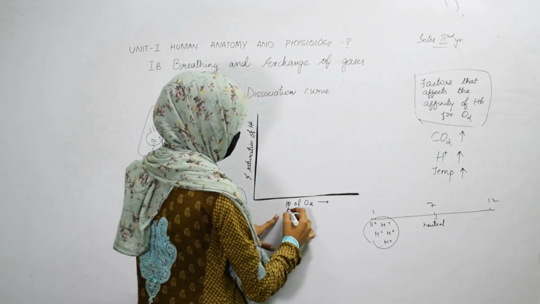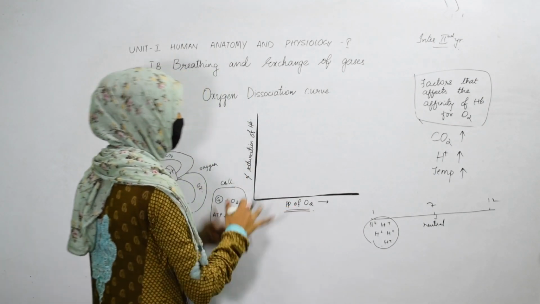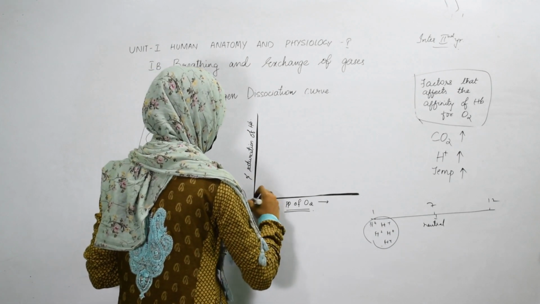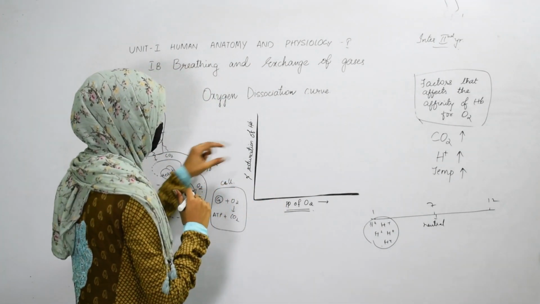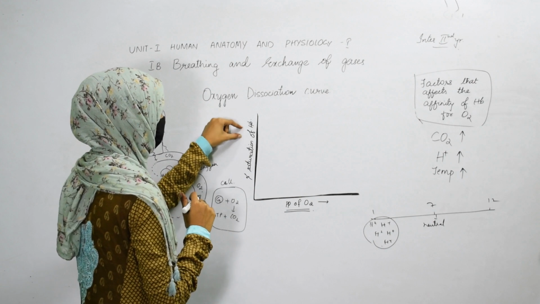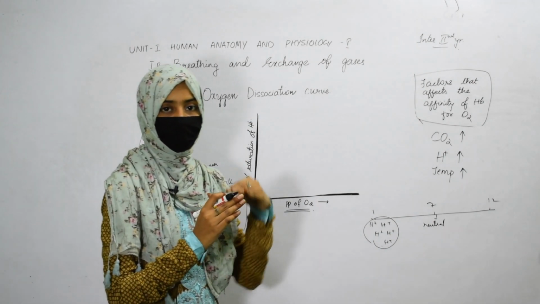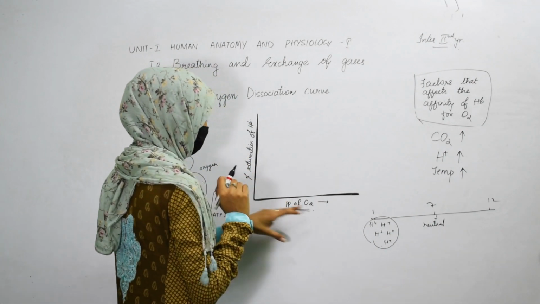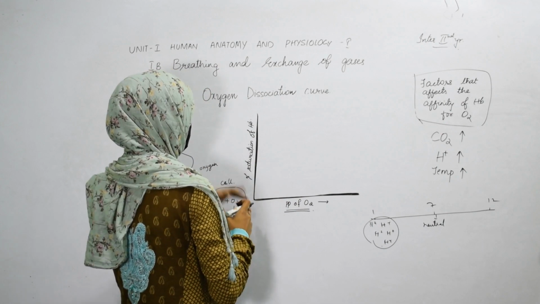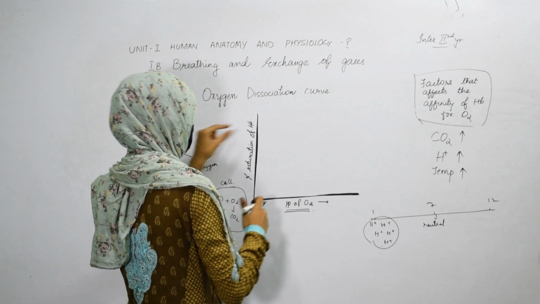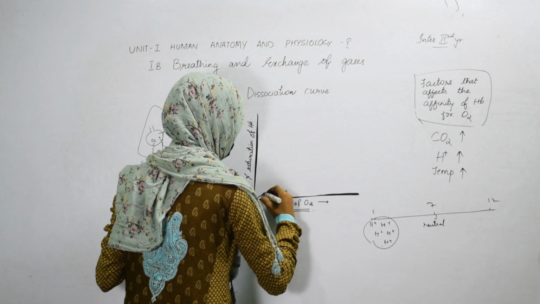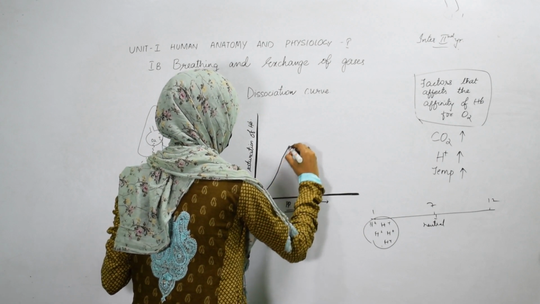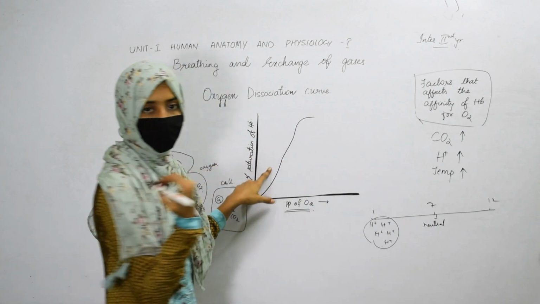As the partial pressure of oxygen is high, they can bind to the hemoglobin, so the percentage of saturation of hemoglobin also increases. As the partial pressure of oxygen increases, the percentage of saturation of hemoglobin also increases. So this is what happens in the blood.